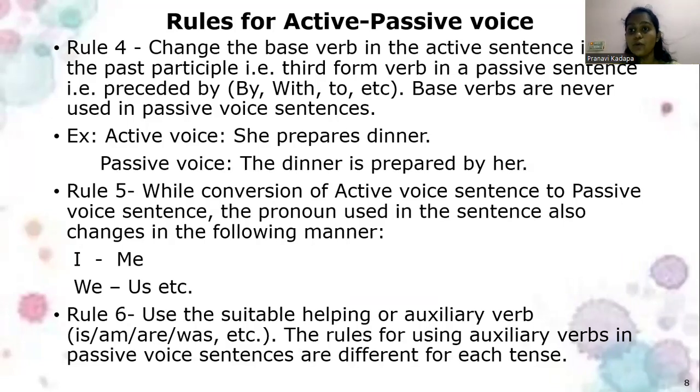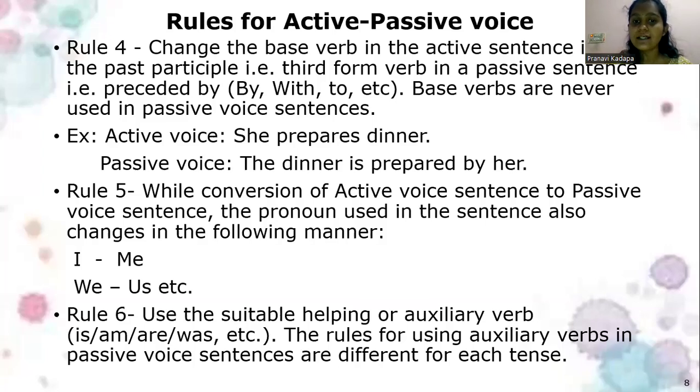If in the subject you use a pronoun like I, we, he, she, it, these words change in passive voice. For I, we use me; for we, us; for he, him; for she, her.